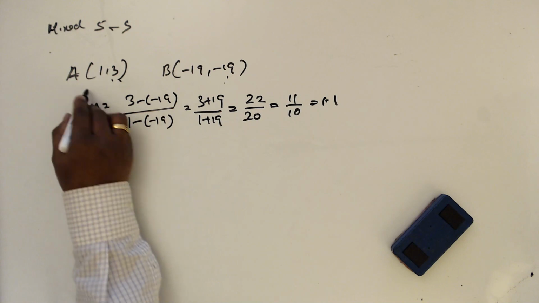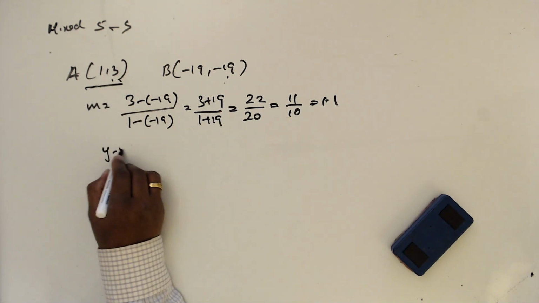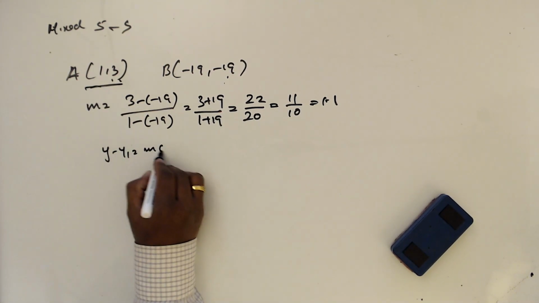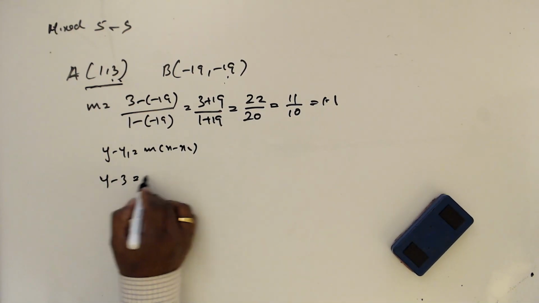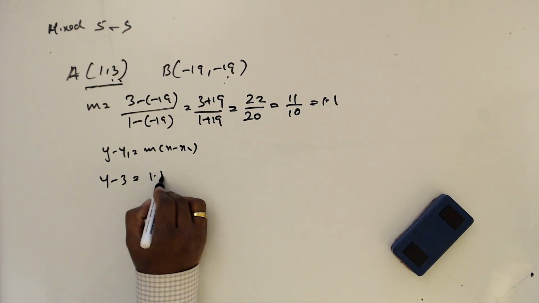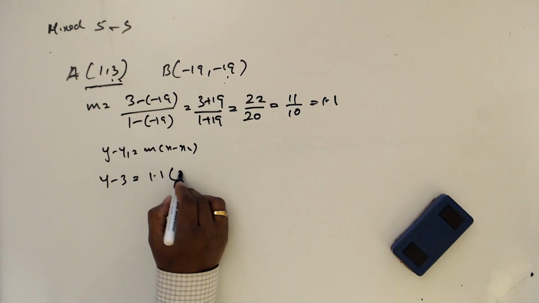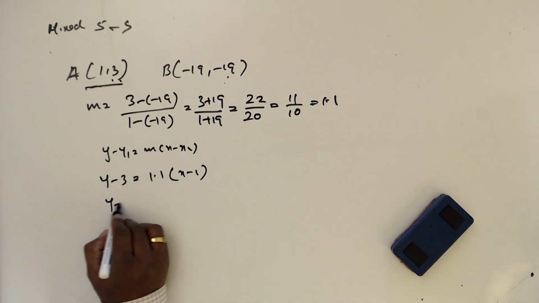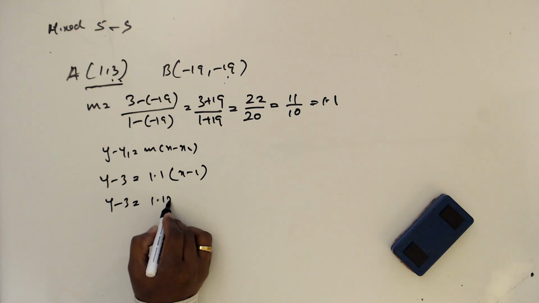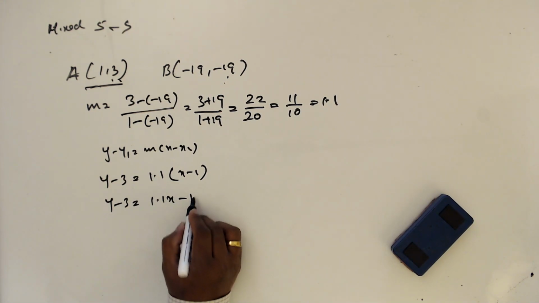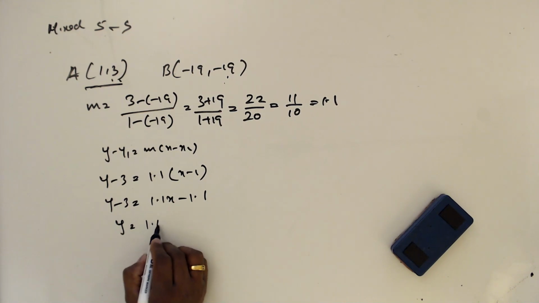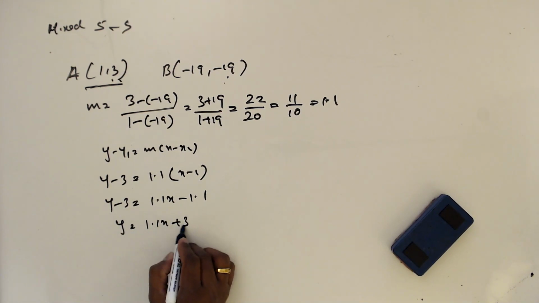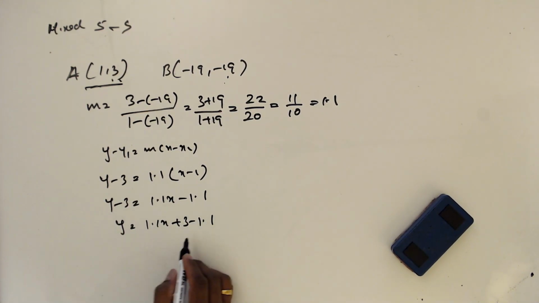Now, I'll consider this one: y minus y1 equal m times x minus x1. Y minus 3 equal m, which is 1.1, times x minus 1. Y minus 3 equals 1.1 times x minus 1. Y equal 1.1x plus 3 minus 1.1.